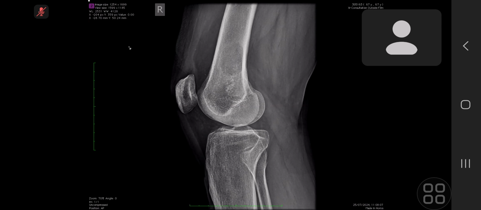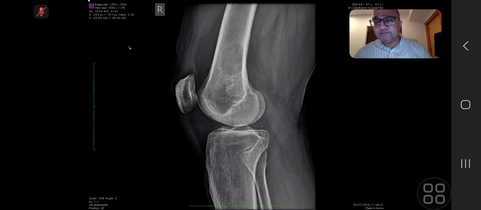So I would like to keep that as a possibility. Besides that, I don't think it fits well into any cartilaginous tumor, because there's no obvious chondroid matrix.